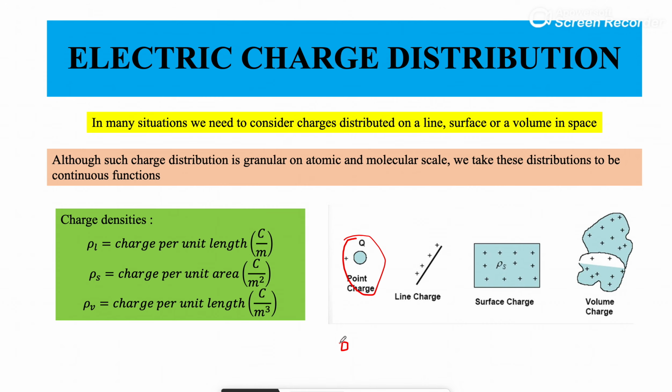Any matter consists of atoms, or atoms together form molecules, so you can say that matter consists of molecules or atoms. Now if you see the distance between electrons and the nucleus in terms of atomic scale, it is very large, so you will consider them as point charges.